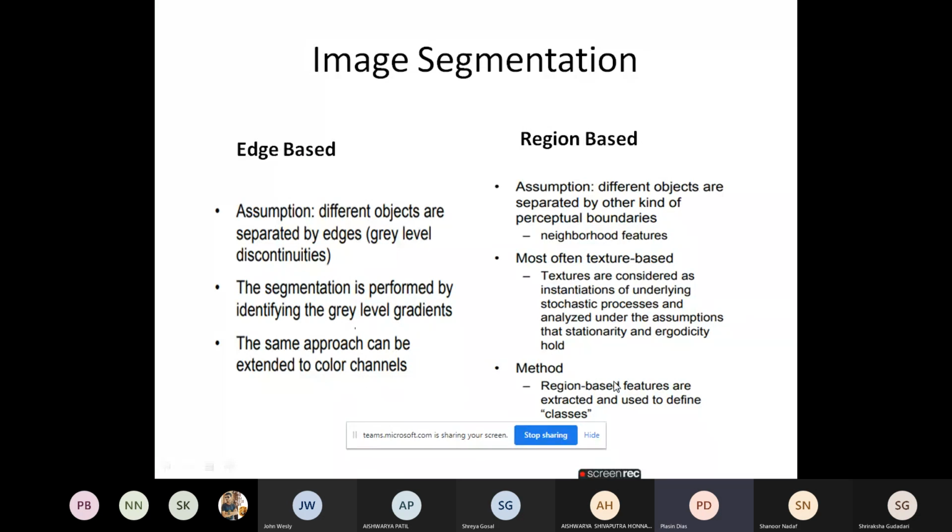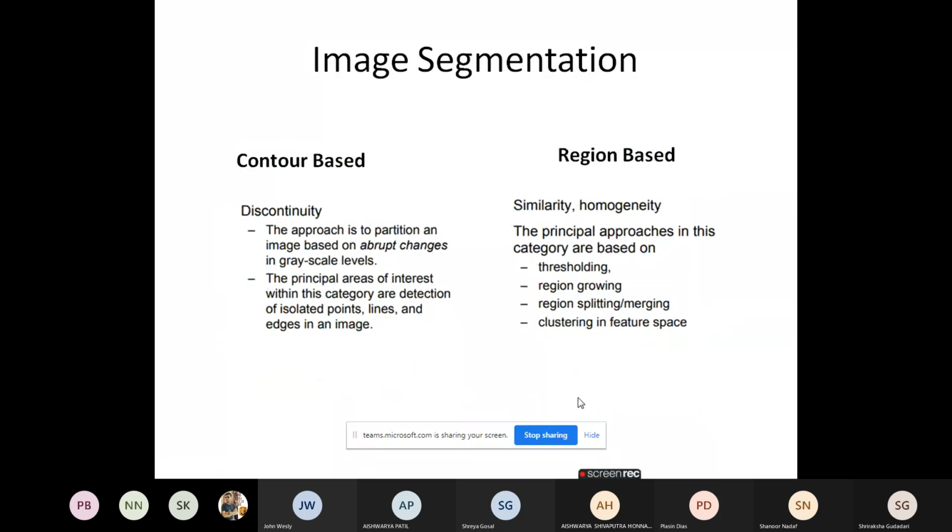When region based features are used, we have to define the different classes, which we might call clustering methods or something like that.